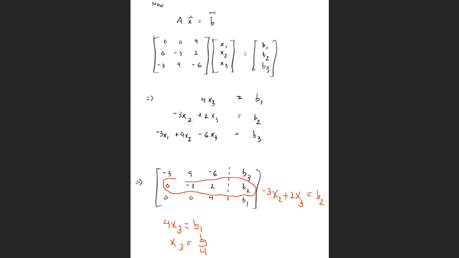Because remember, the vector B is some vector in R cubed. We have to allow the components of B to be any components we want. Well, if x3 is equal to B1 over 4, based on the second equation, can we solve for x2?